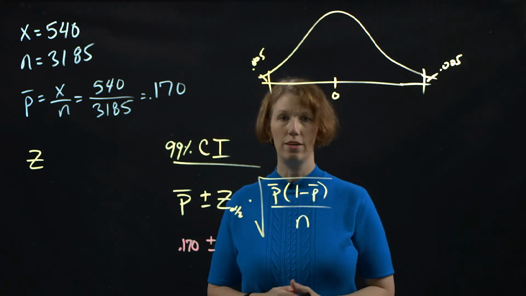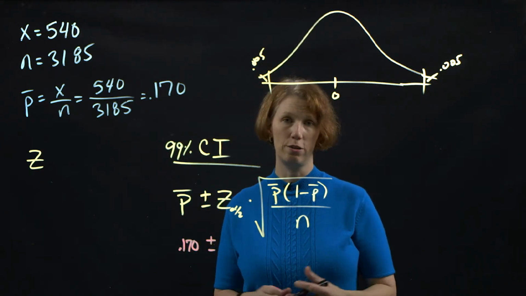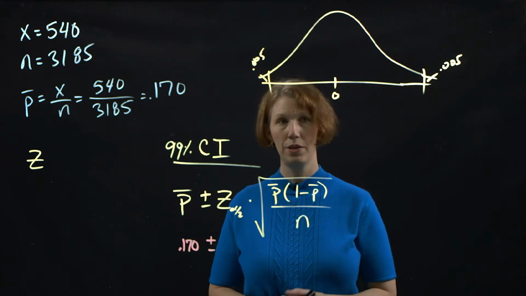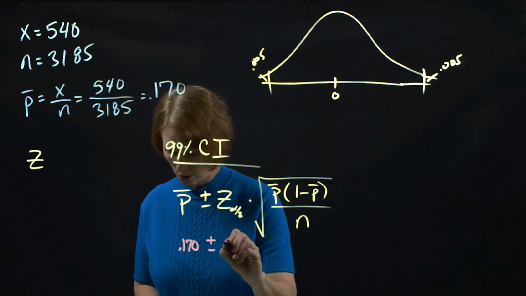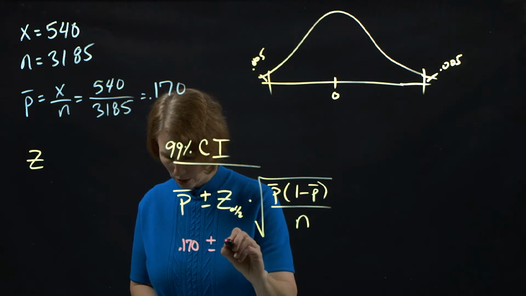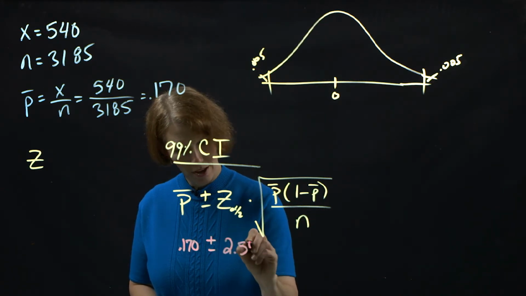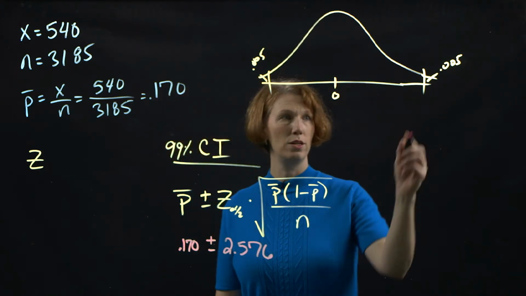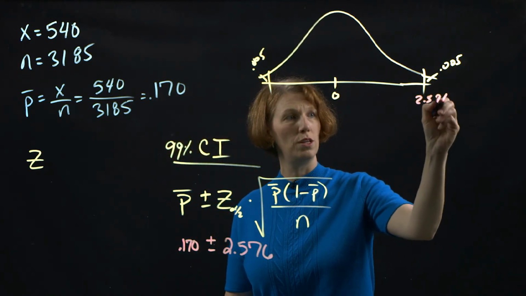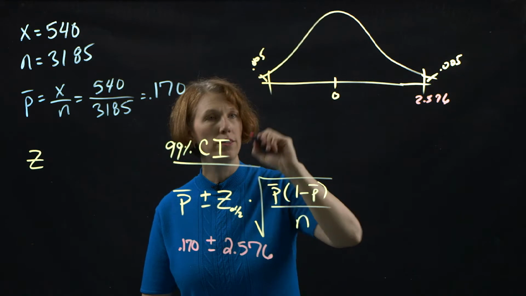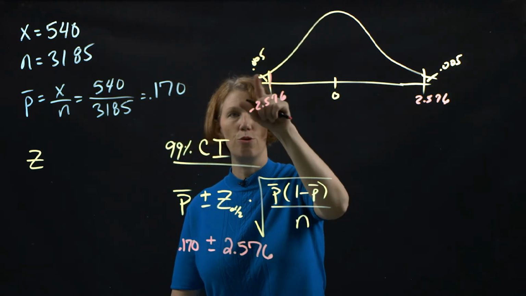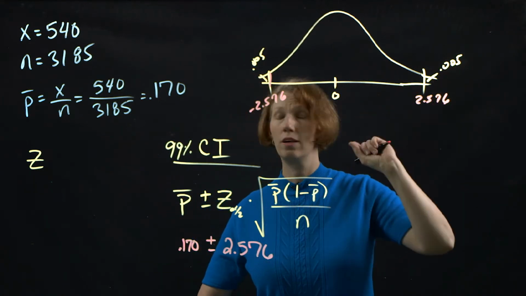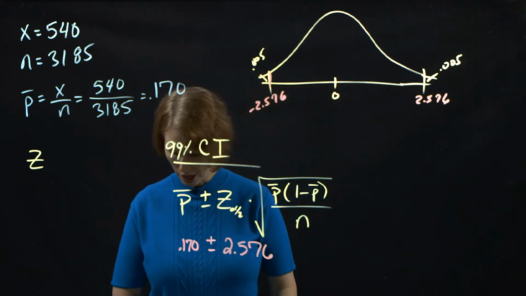And there's more details in the lecture about the particular statistical function to use. For the sake of expediency, let me go ahead and write down what that z value is here. Specifically, it is going to be 2.576. That's going to correspond to the value on the standard normal distribution, such that we have 0.005 in the lower tail and 0.005 in the upper tail.